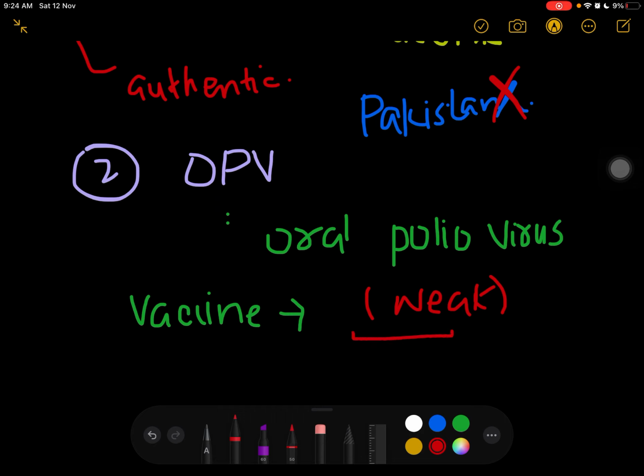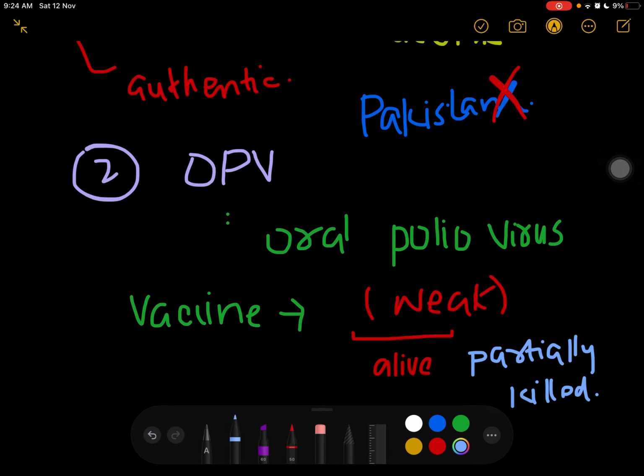It is not properly killed, it is alive but weakened, and in some random cases it can become live again.